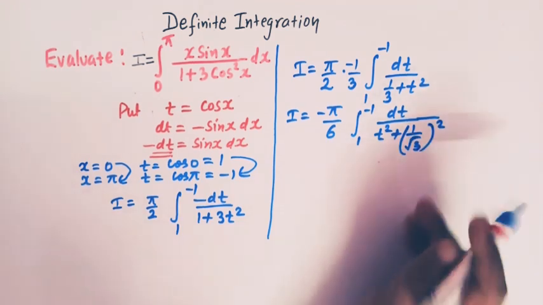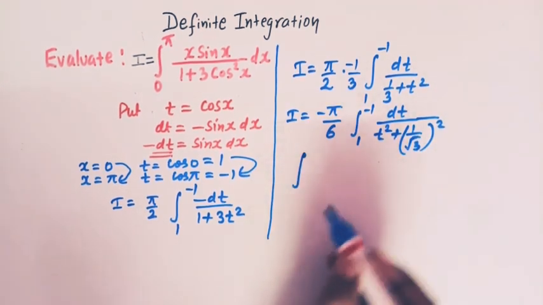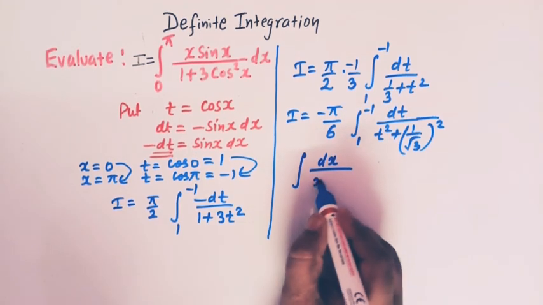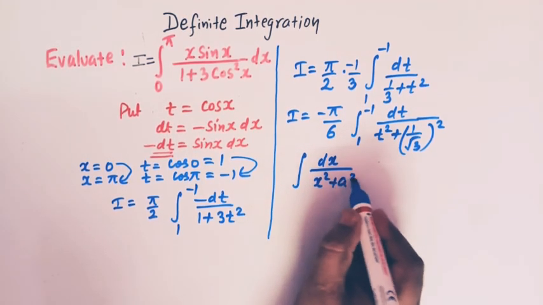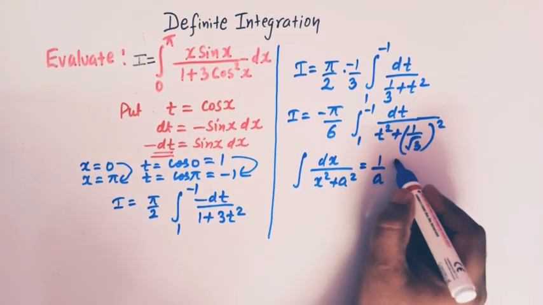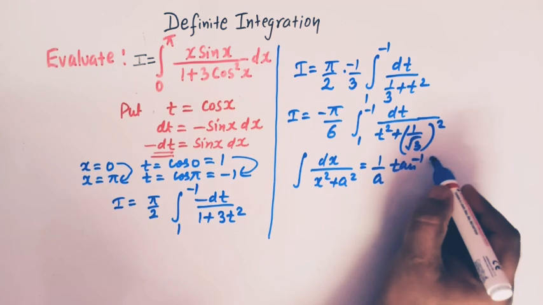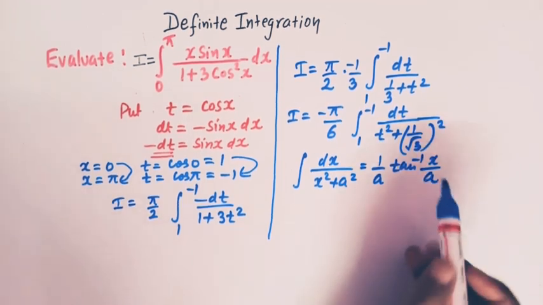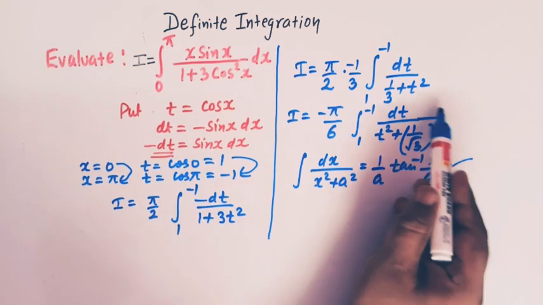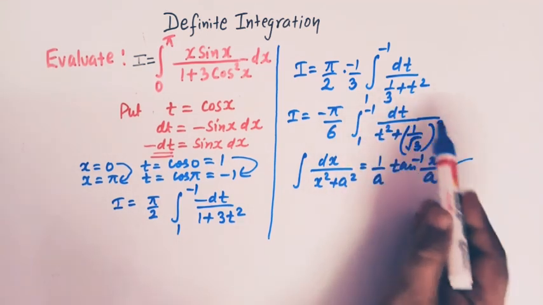Because we know that the integral dx over x square plus a square is equal to 1 over a tan inverse x over a, right? So we are going to use this result to evaluate this integral, right?